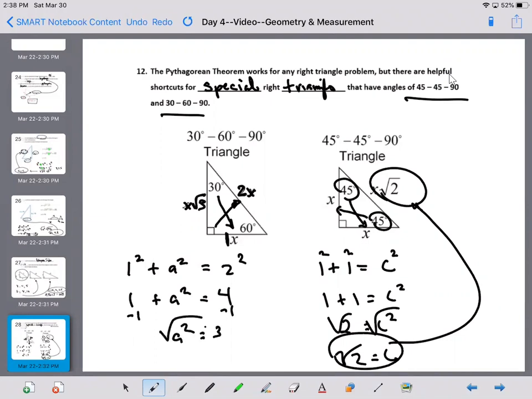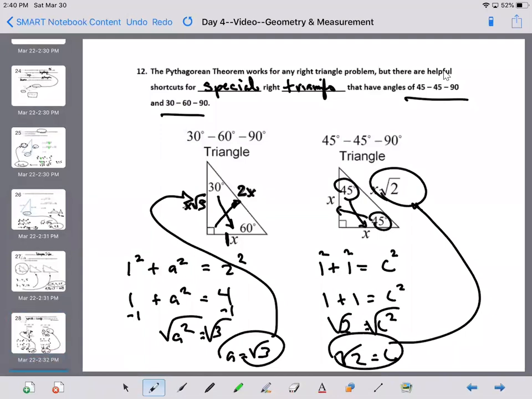The square root of 3 would be this side length. So that's where those numbers are coming from in regard to the Pythagorean theorem. And it's where these numbers are being placed for different measurements if you're dealing with a special type of triangle, 30, 60, 90, or 45, 45, 90.